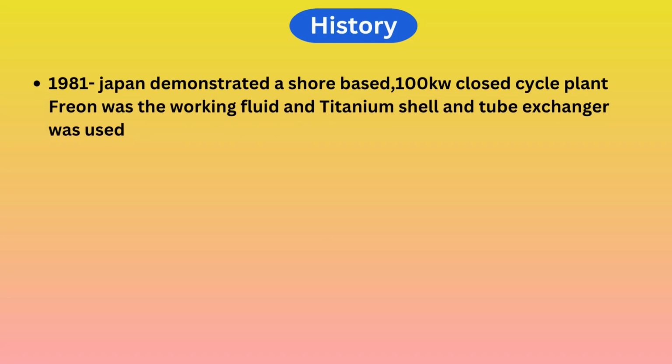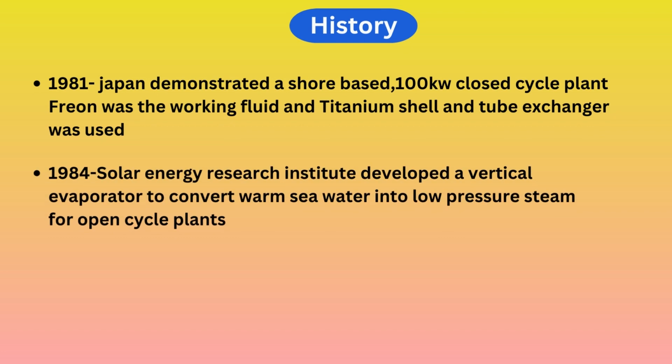Then Japan in 1981 demonstrated a shore-based 100 kilowatt closed cycle plant, using freon as the working fluid and a titanium shell and tube exchanger. In 1984, the Solar Energy Research Institute developed a vertical evaporator to convert warm seawater into low pressure steam, which was utilized in open cycle plants.